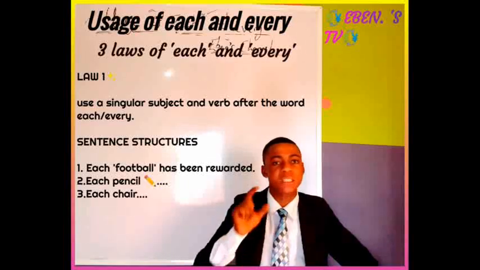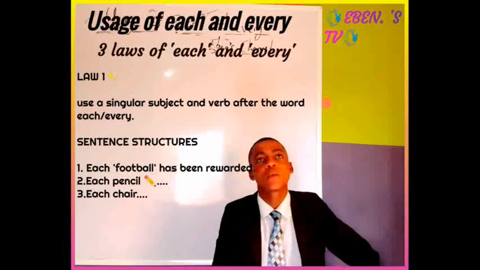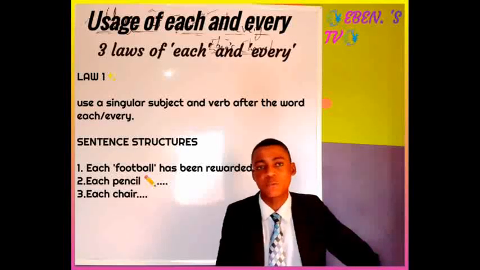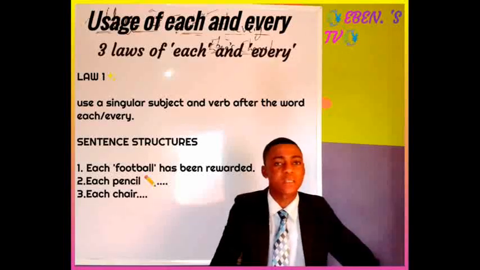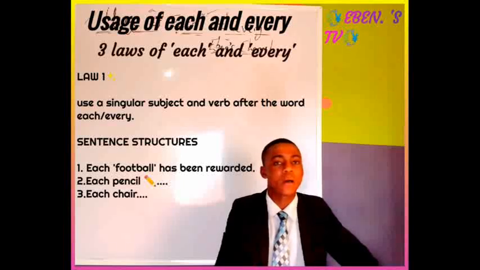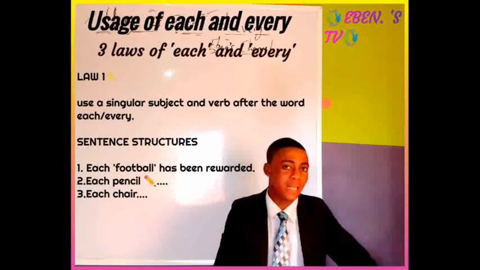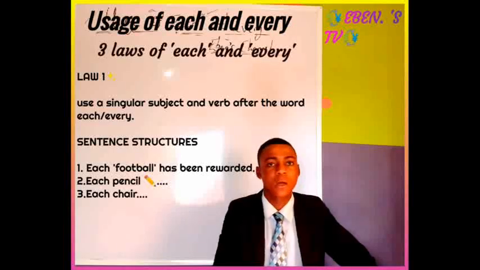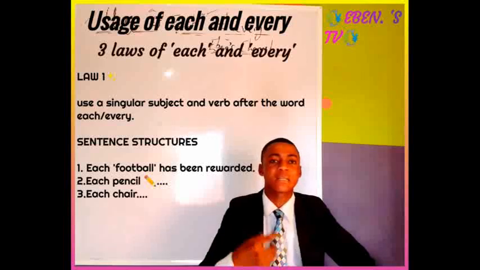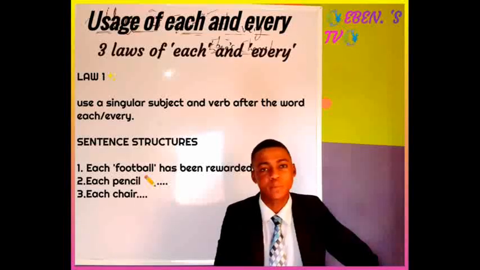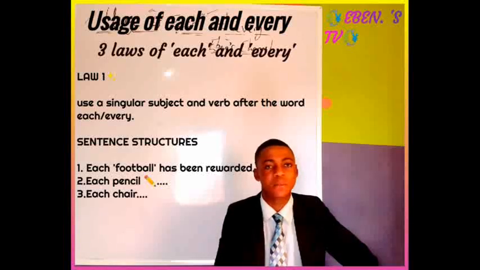A single subject is without S-E-S or I-E-S. Since you are expected to use a single subject after each or every, it must be followed by a single verb likewise. Do not forget the law of Concord, which implies that a single subject goes with a single verb and vice versa.